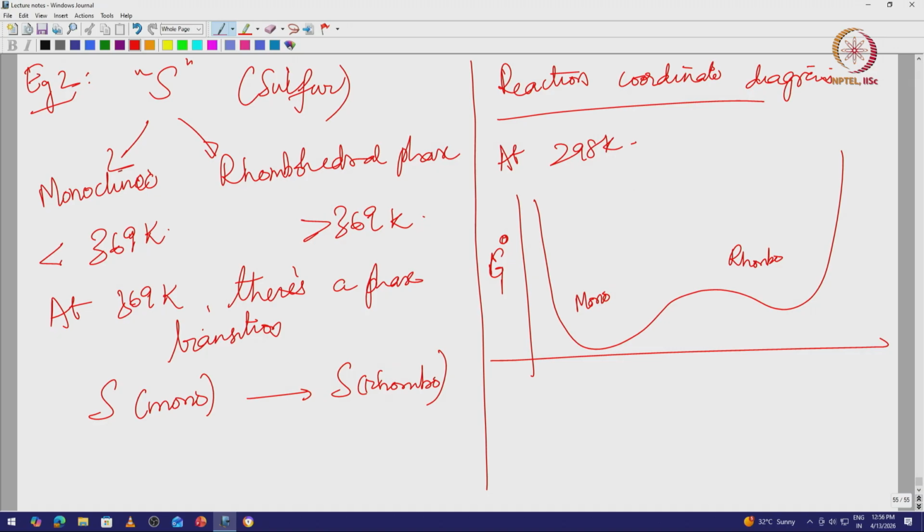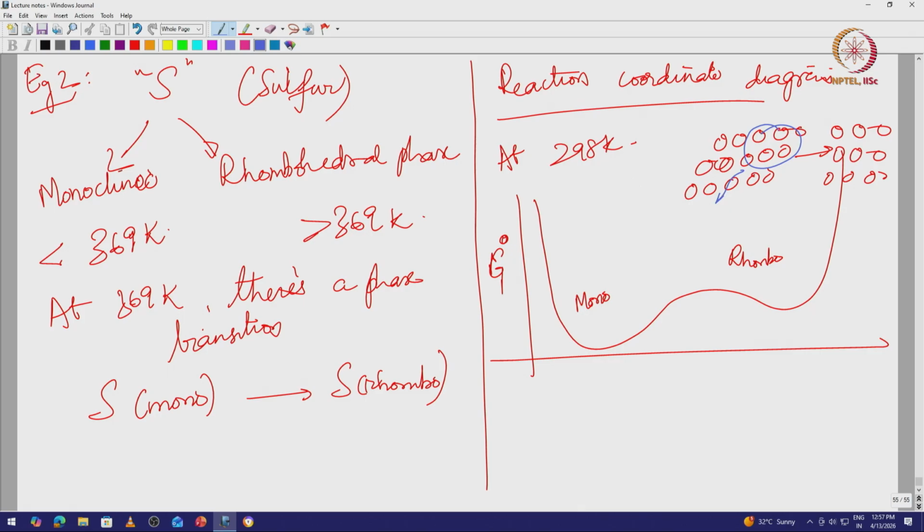I have to change some structure of sulfur. Sulfur is in some monoclinic arrangement like this, and all these are sulfur atoms. They have to go to some rhombohedral arrangement which is, let us say, much more symmetric. So, first I have to nucleate sulfur in this region, and then I have to propagate that nucleation further.